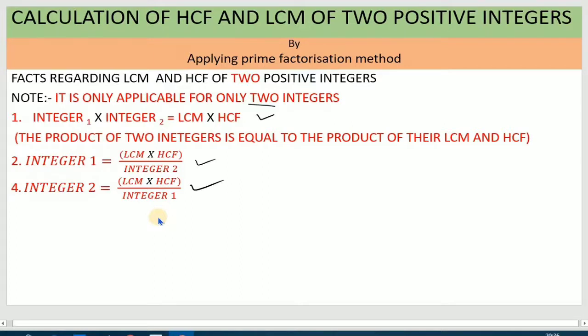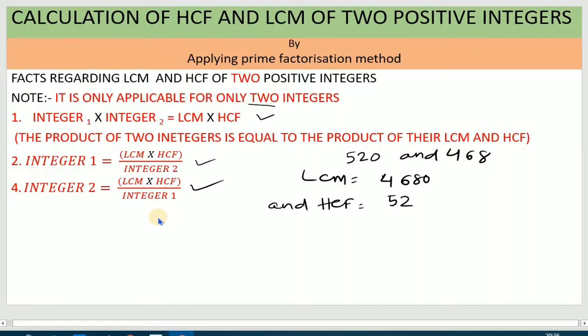As per our previous question, we have calculated LCM is equal to 4680 and HCF is equal to 52. Now we will verify this formula. Now multiply these two integers.